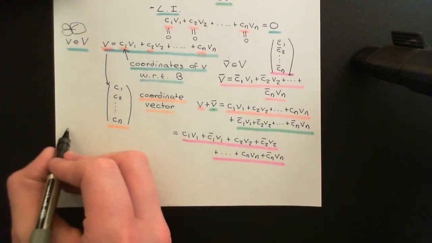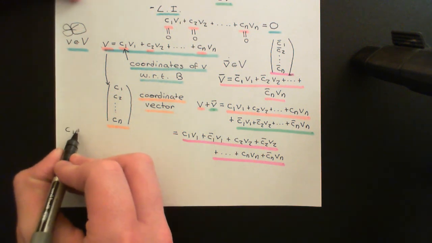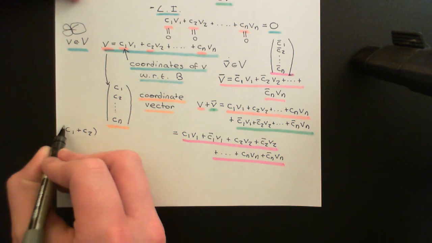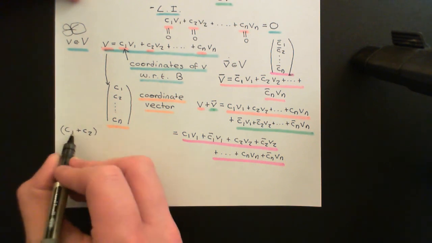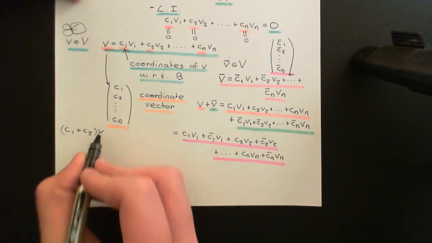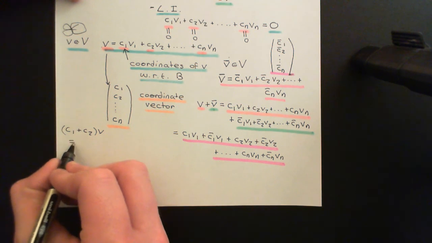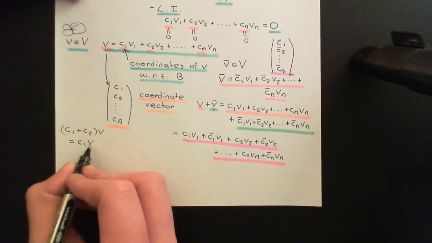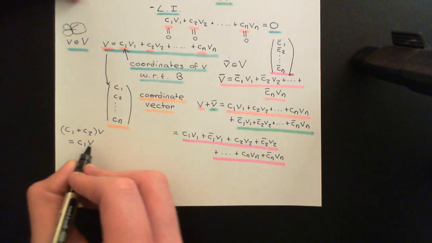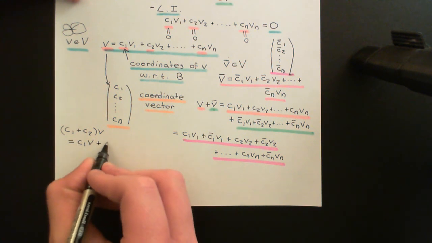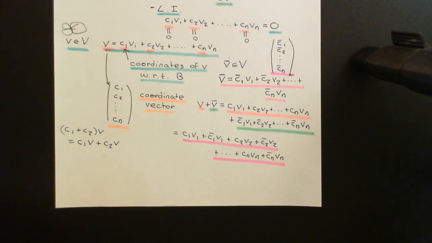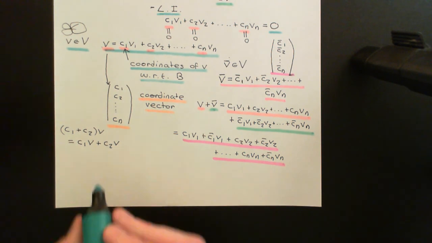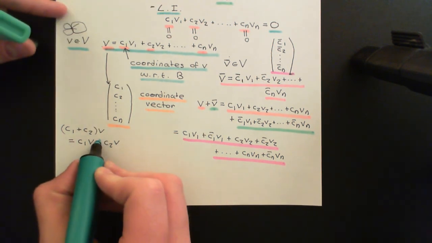This axiom says that if you have two elements of the field, C1 and C2, and you add them together and get the answer in the field, and then use that answer to scalar multiply a vector v, then it will always be the same answer as if you firstly scalar multiply the vector v by C1, and then add it in the vector space to the vector v scalar multiplied by c2. That's a pretty amazing thing that you're insisting is going to have to be true for our scalar multiplication law.